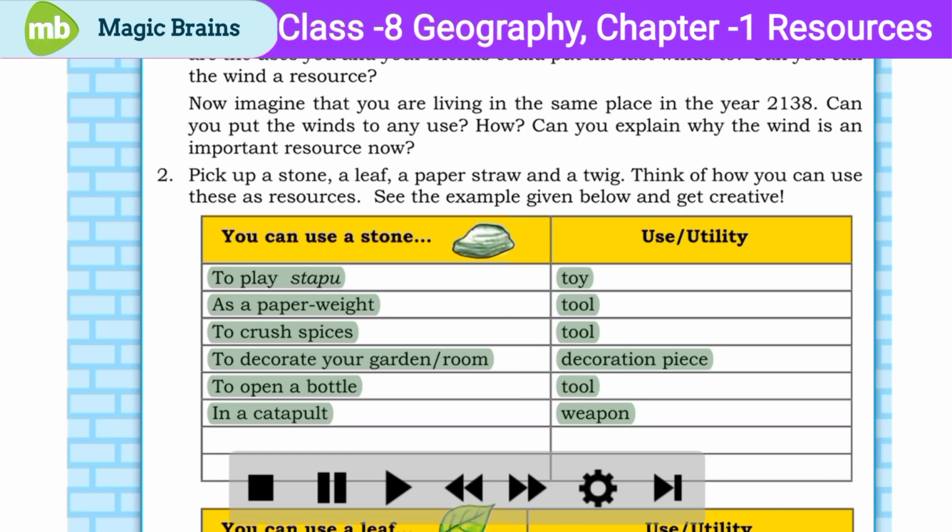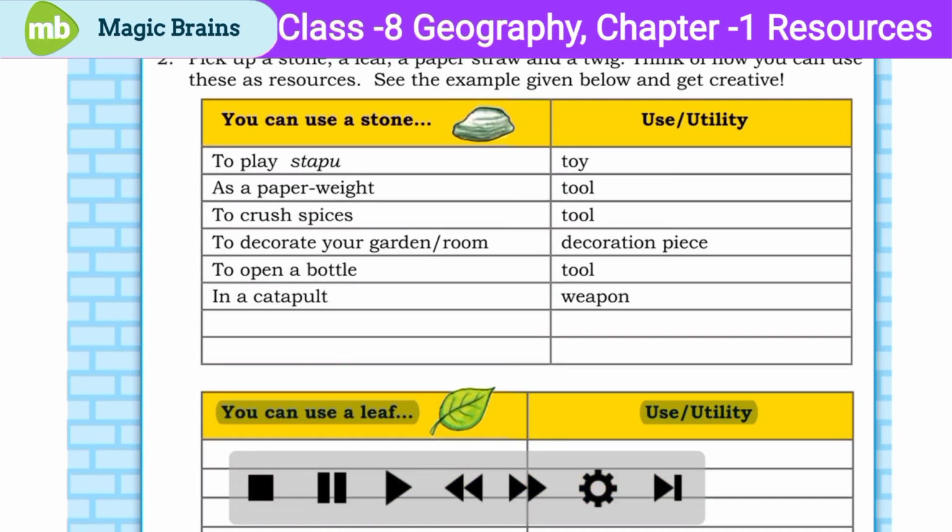You can use a stone to decorate your garden or room. Use or utility is decoration piece. You can use a stone to open a bottle. Use or utility is tool. You can use a stone in a catapult. Use or utility is weapon.